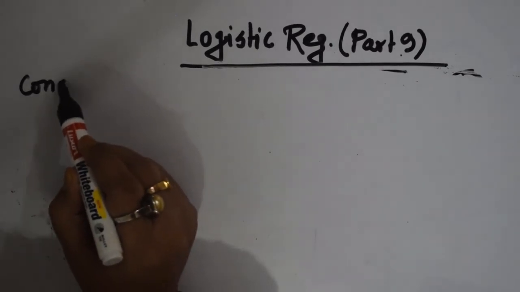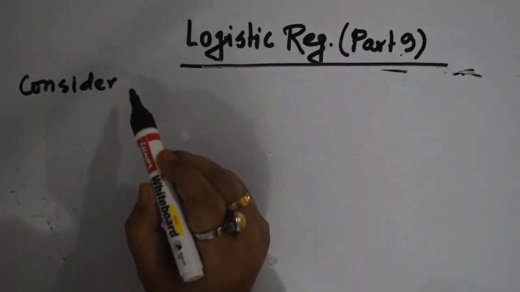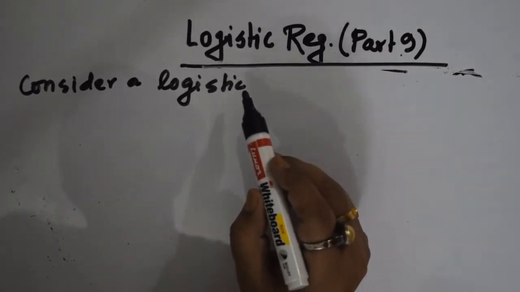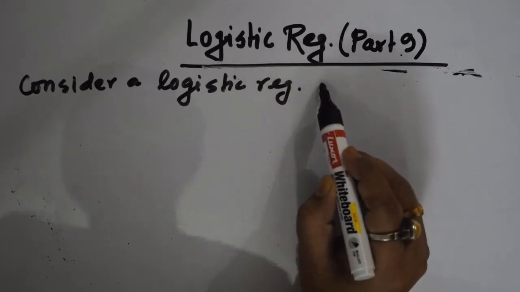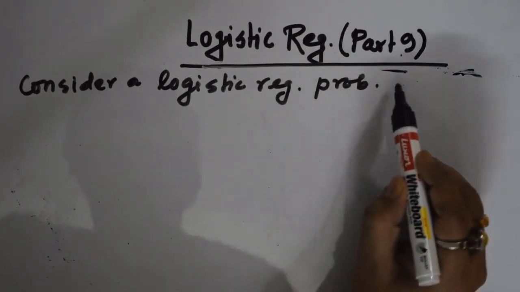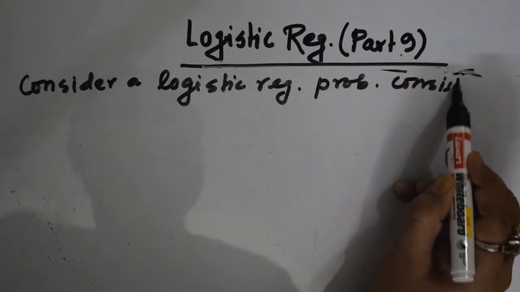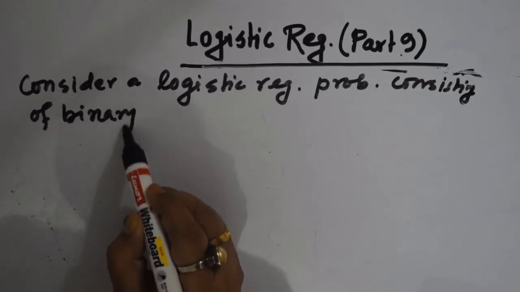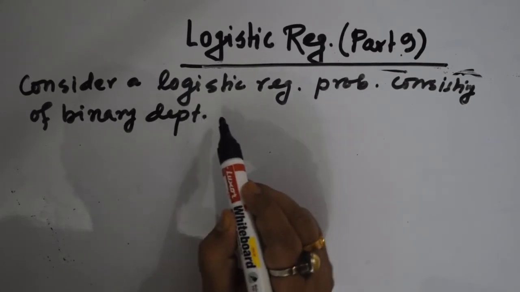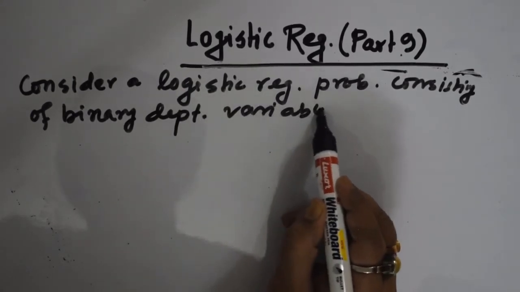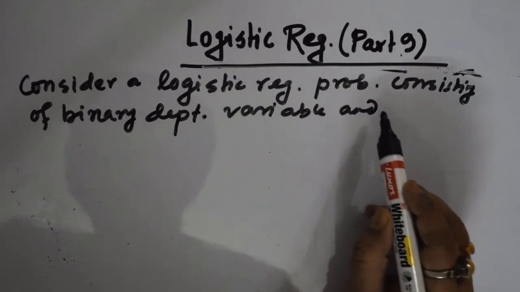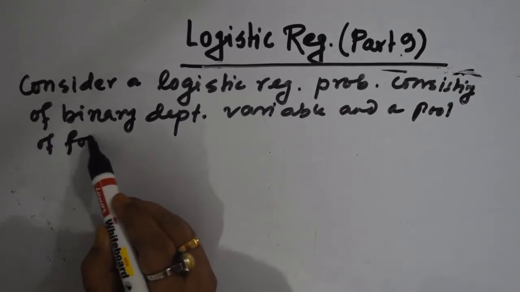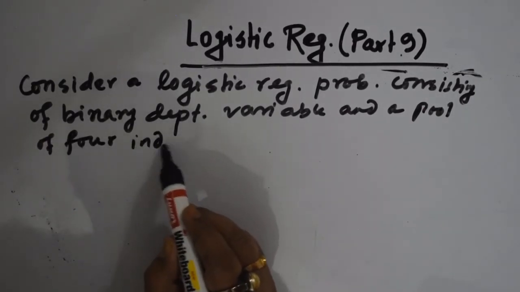Consider a logistic regression problem consisting of binary dependent variable and a pool of 4 independent variables.